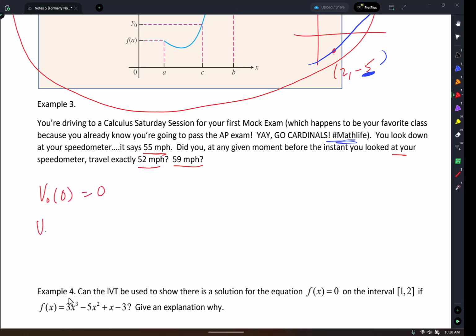Velocity at some moment in time, you want to call it T1, is 55. So somewhere between 0 and T1, I had to have been going 52 miles an hour by the Intermediate Value Theorem. That's it. Does that make sense, guys?